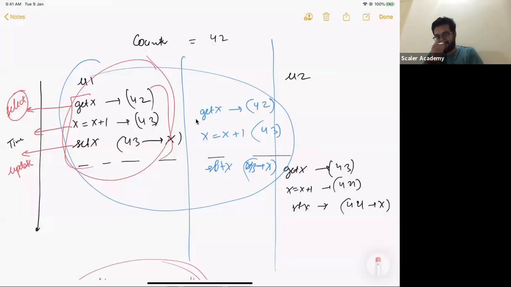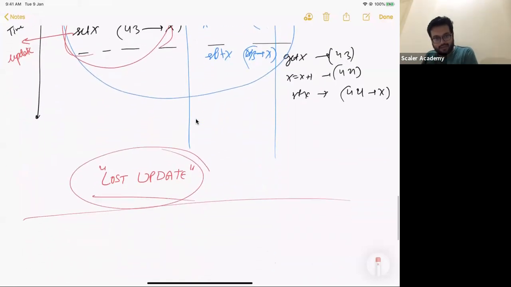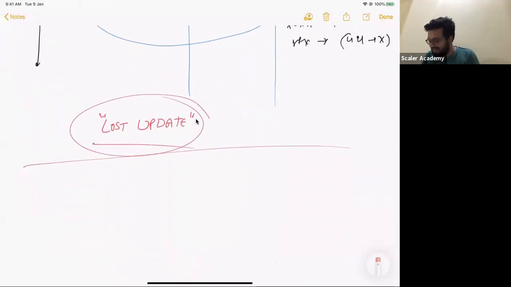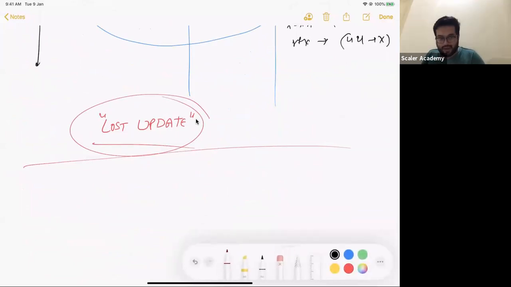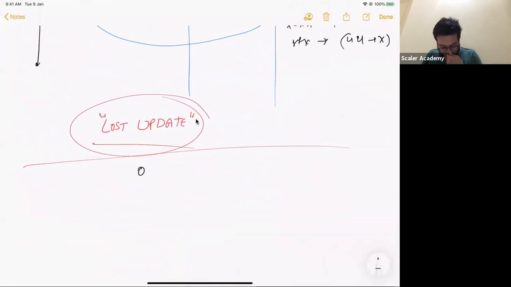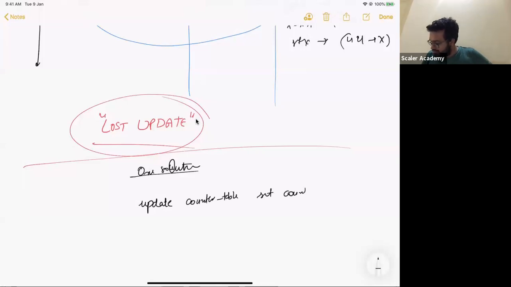So one very simple way to solve this problem, I would just mention it, but that's not a very good solution. That's a very bad solution. But I would just give you one simple way around this. One solution here to solve this counter problem would be that you simply call a statement, update counter table, and set the counter equal to counter plus 1.